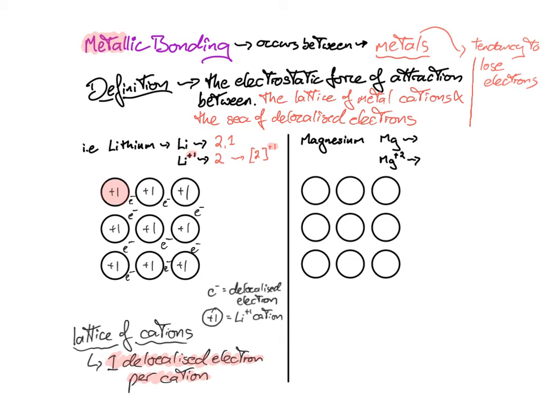Those are the electrons that were in the outer shell of the metal atoms when they were atoms. They get delocalized when those metals form cations.